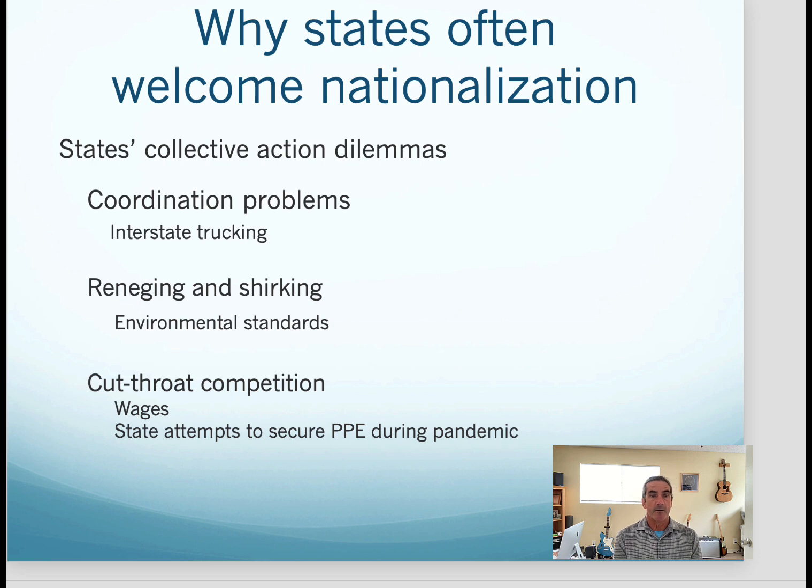The states have experienced and continue to experience quite a few collective action problems that nationalization, that the federalization of our political system helps address. Coordination problems, for example. The book had a really good example about interstate trucking issues that states have to confront.